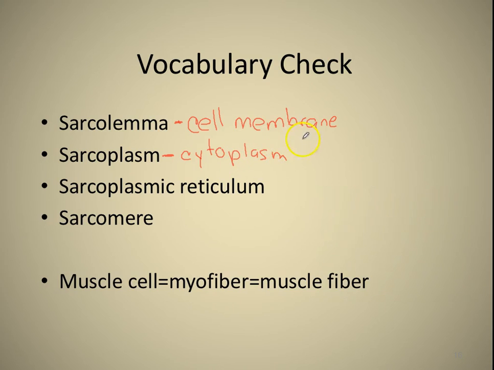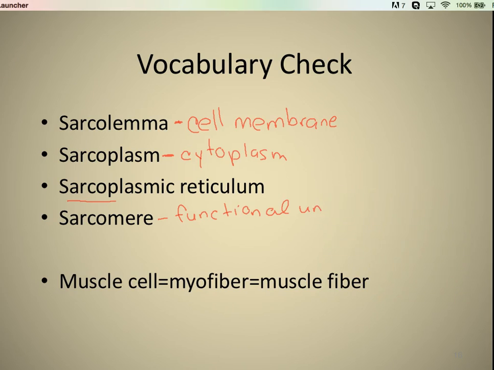We don't call it cell membrane, we call it sarcolemma. I mentioned sarcoplasmic reticulum to you already. That's the same thing as endoplasmic reticulum. And a sarcomere is basically the functional unit in a muscle cell.